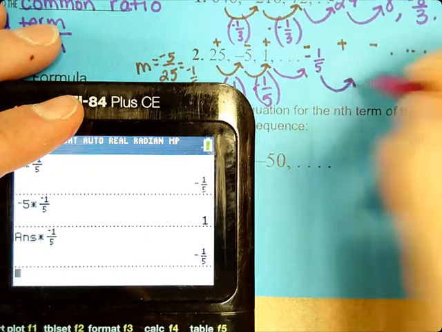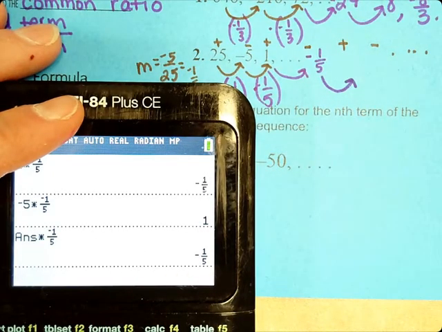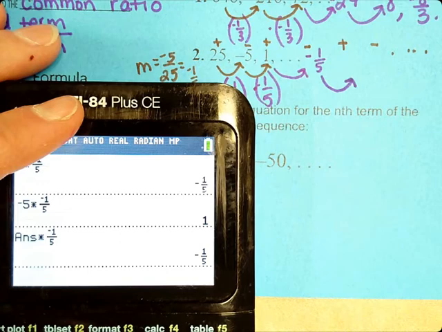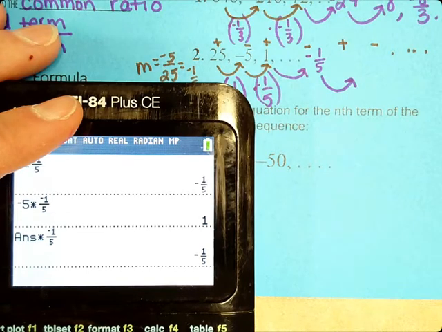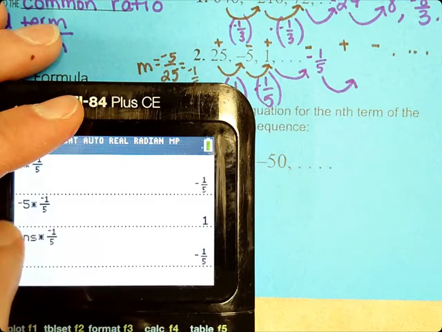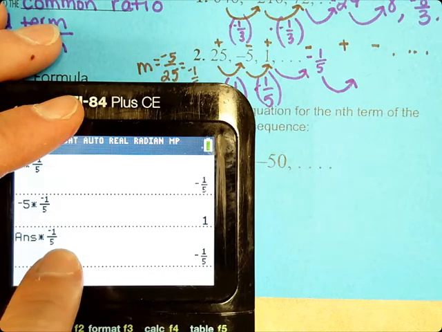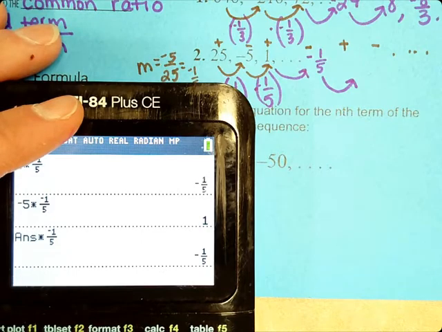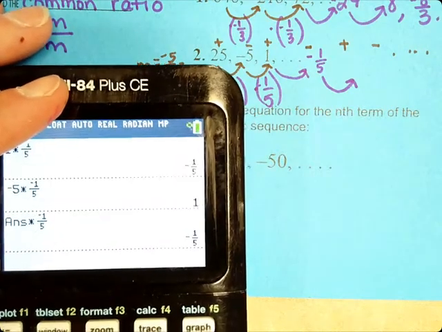And the next one, we're going to do that times negative 1/5. If you just keep on hitting enter, it'll do the pattern for you. So I've already got this in. Whenever I push enter, it's going to repeat the operation that I previously did, which is whatever the answer was times negative 1/5.